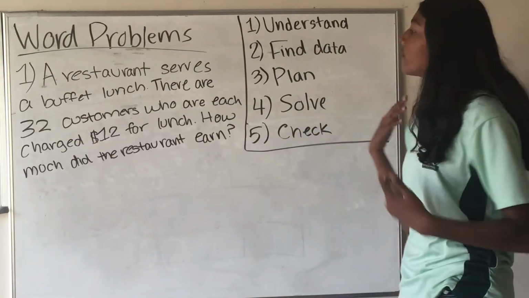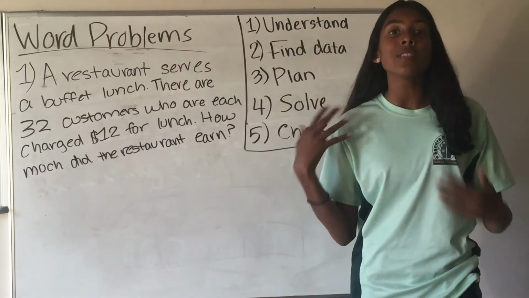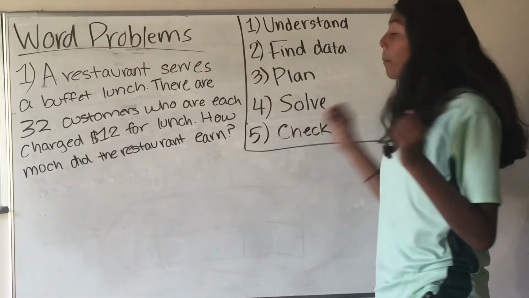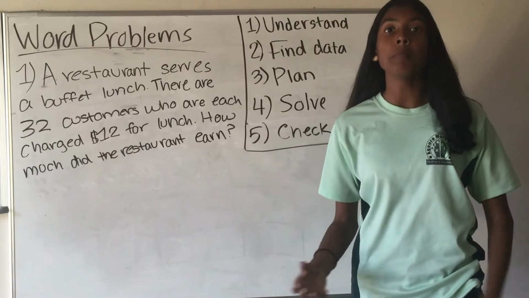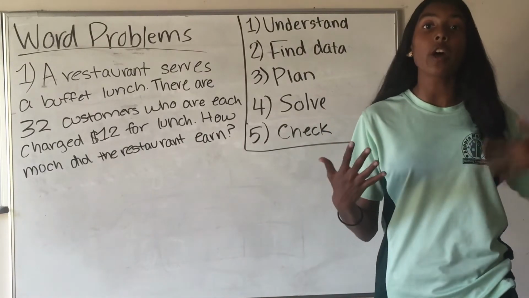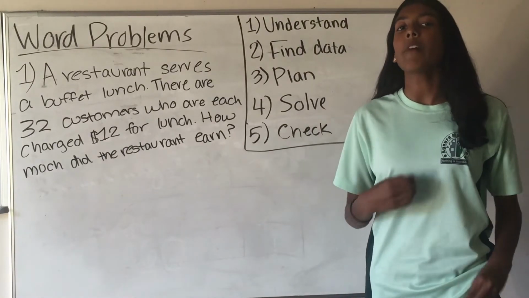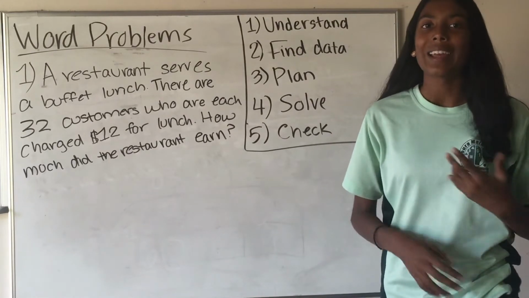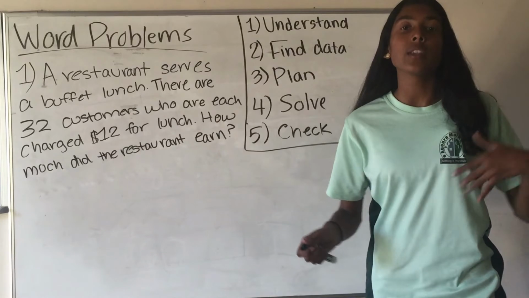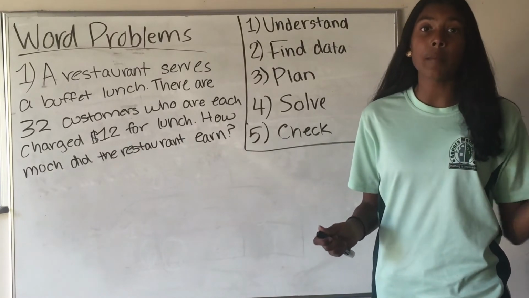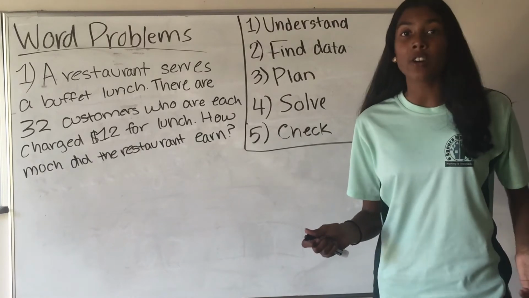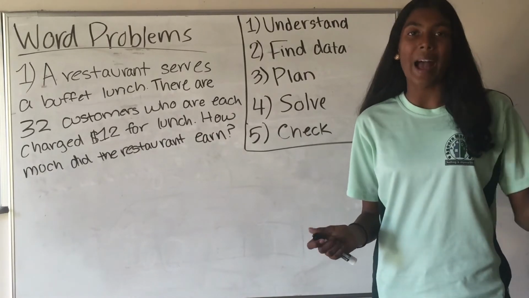And then you're going to find the data, what you need to solve the problem. And then you're going to plan how you solve the problem. Then step 4 is solving the actual problem. And then step 5, maybe one of the most important, you're going to check if you're right. Because when you get older, you're going to know that some answers may seem right because you solved them and got that, but they aren't right. That's why you have to check them back.